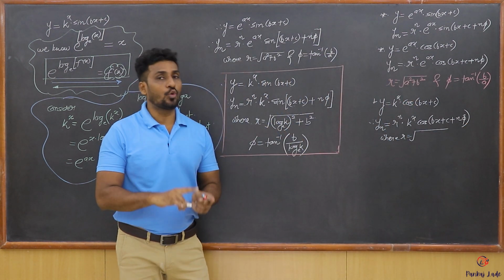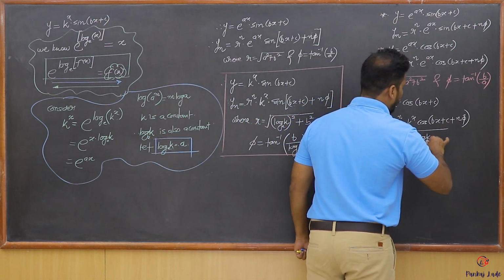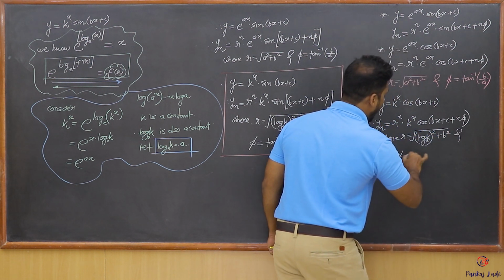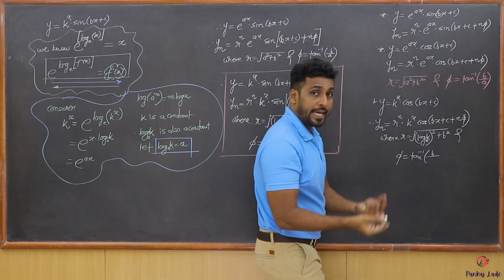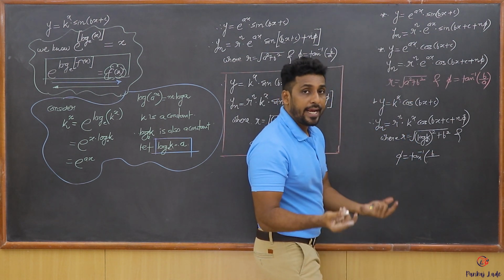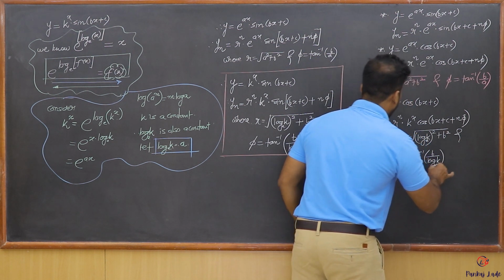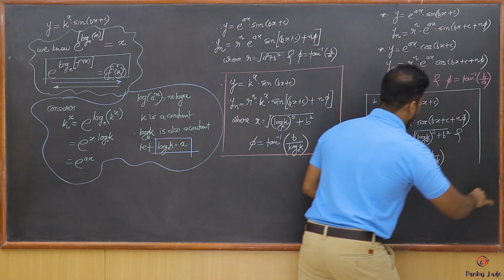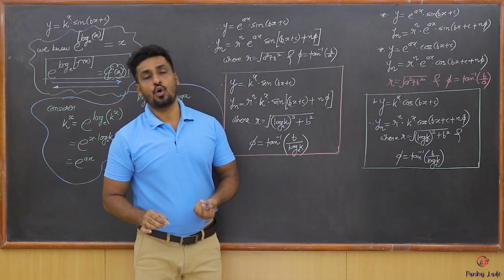But I know a is log of k, so I get log of k to the base e the whole square plus b square, and phi is tan inverse of b upon log of k to the base e. So that's the standard formula for y is equal to k raised to x into cos of bx plus c.